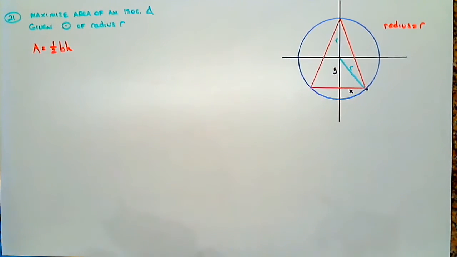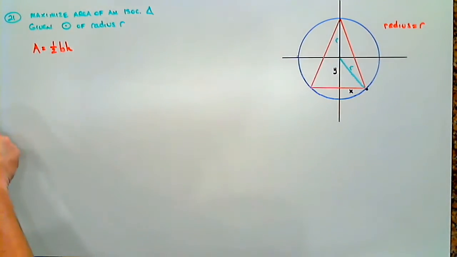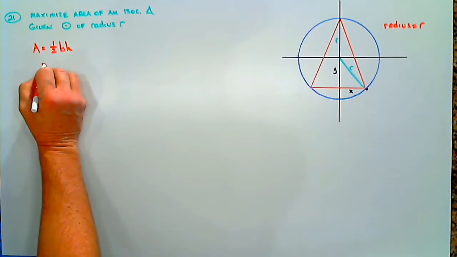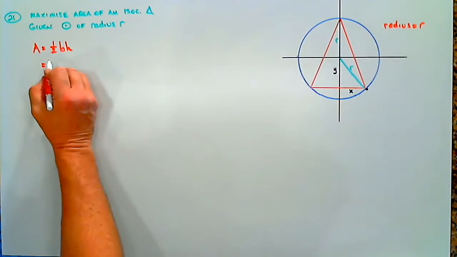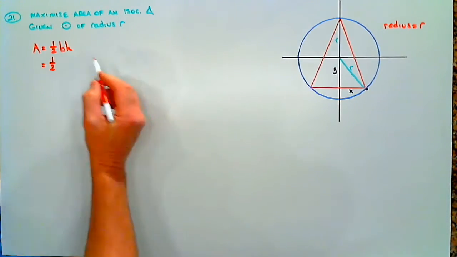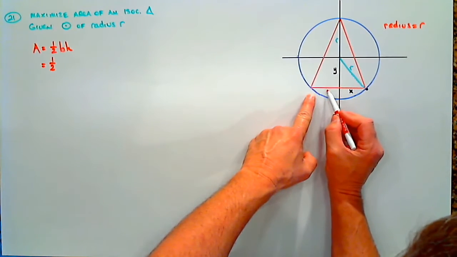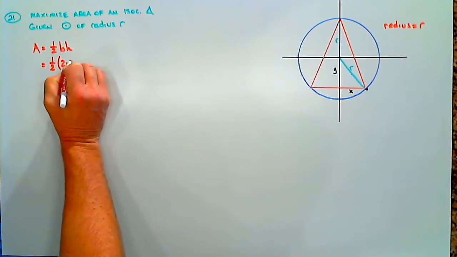Why do I need a right triangle? Well, because if we transform our equation into the variables that we have over here, what do we know right now? What's the area of our triangle? Our triangle has a half, that's the formula. The base of our triangle, this is x, this is also x, so the base is 2x.